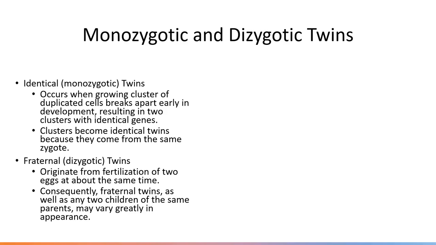So twins, whether they're identical or fraternal, so-called dizygotic twins, do not always experience the uterine environment in exactly the same way. It's not uncommon, for example, for one twin to be slightly physically larger, sometimes described as a more dominant twin biologically, and the other twin to be somewhat smaller.